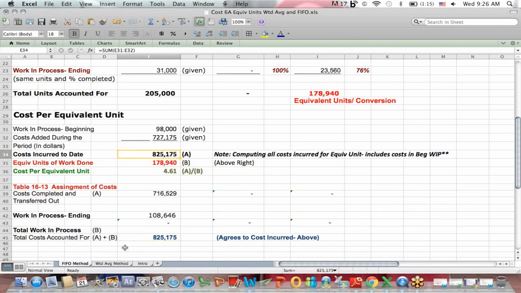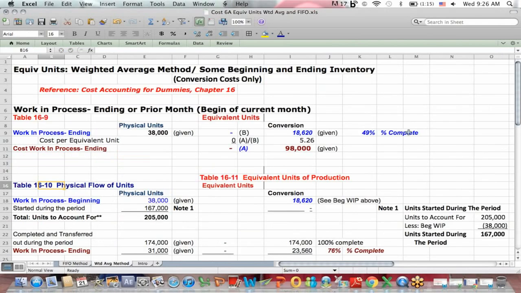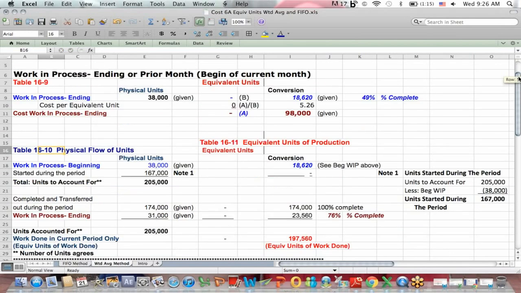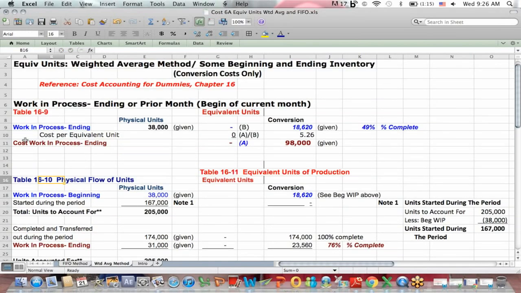Finishing up quickly with weighted average method, there's not too much of a difference other than to say that the work in process of the prior month is considered beginning work in process this month. So I could take, same process, ending work in process units, multiply it by 49%, I get the same equivalent units of production.